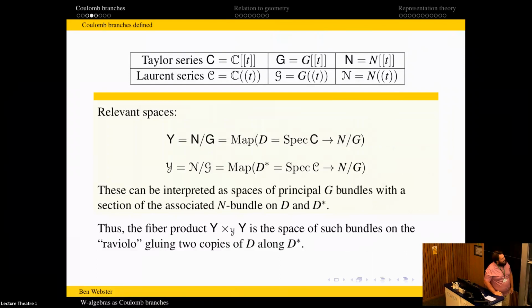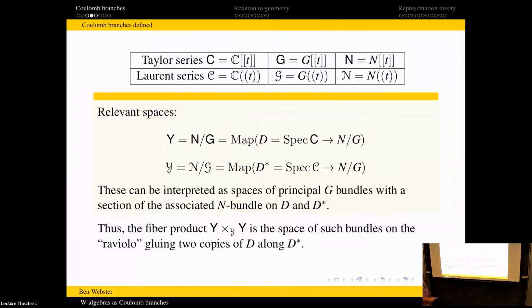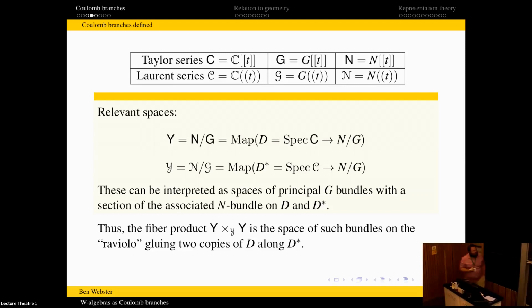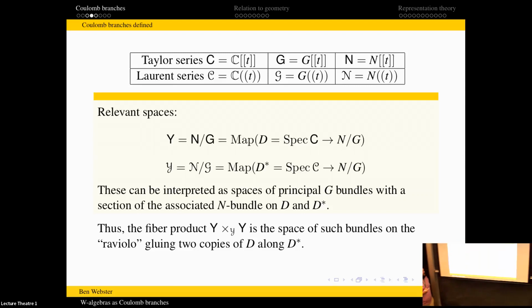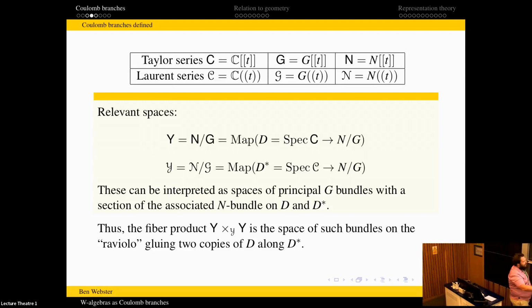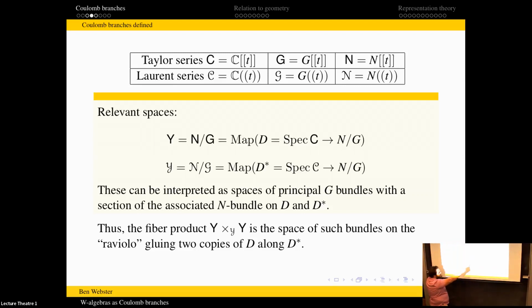So what these are based on is thinking about the geometry of bundles on disks and punctured disks. Don't let this scare you too much because things are actually fairly concrete. So I have these 2 spaces, which I interpret as the moduli spaces of principal G bundles together with a section of the associated bundle for my representation on the disk and the punctured disk.